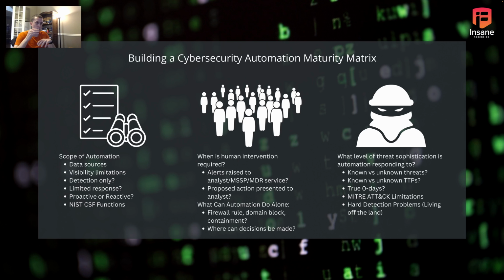Secondly, you have to look at when human intervention is required. There are a lot of groups and tools out there doing really good automation for detection, and then they're like, hey analyst, hey SOC member, MDR service, MSSP, I think I found something, you go figure it out. Is it just raising alerts and requiring the analyst to act?